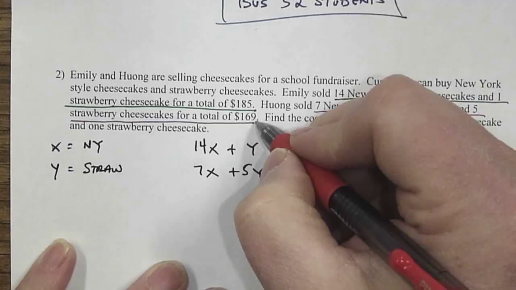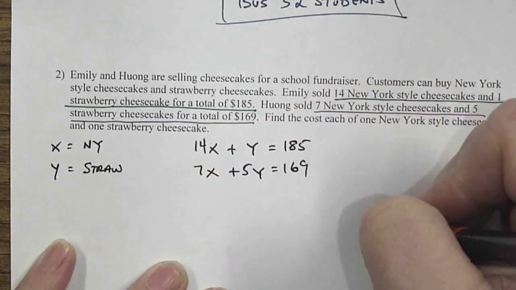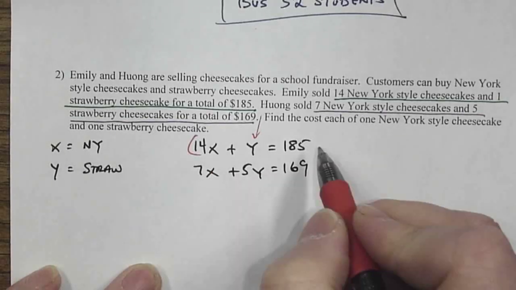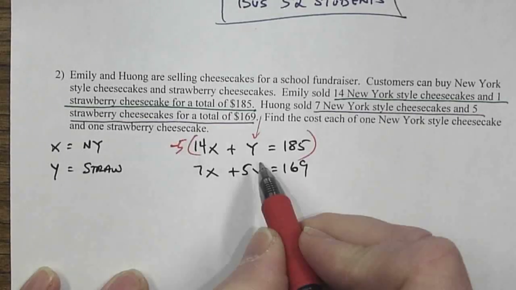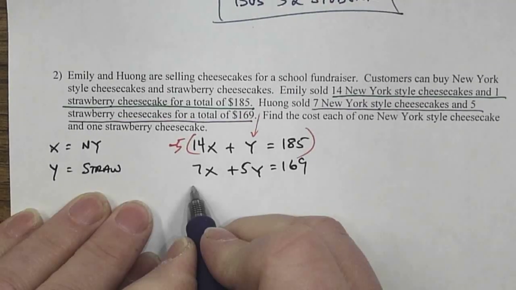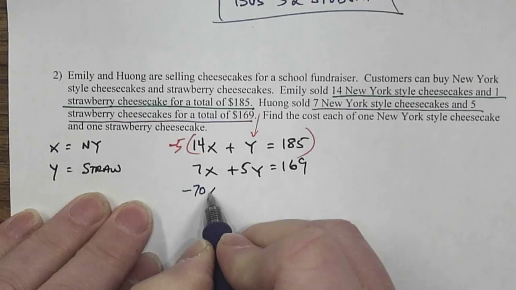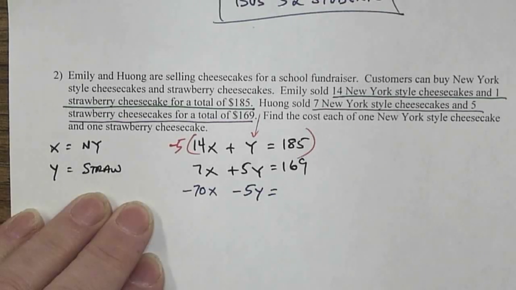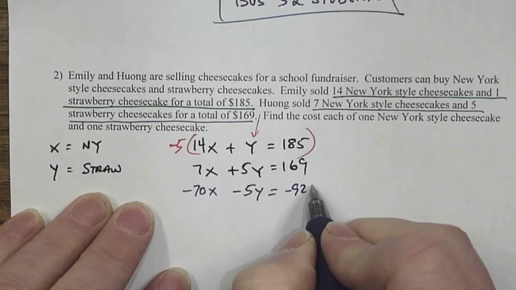I'm going to choose to get rid of the y. That means I'm going to multiply by a -5. That gives me negative 70x minus 5y equals, let's see, 185 times 5, negative 925.